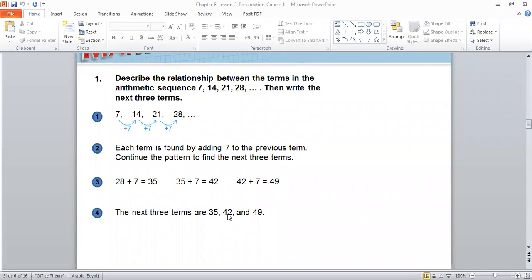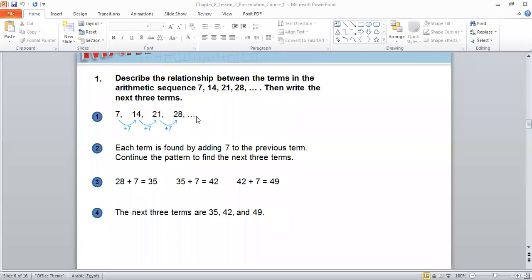Again, my friend, I said that every time I will add 7. From 7 to 14, I add 7. From 14 to 21, I add 7. From 21 to 28, I add another 7. So every time I add 7.